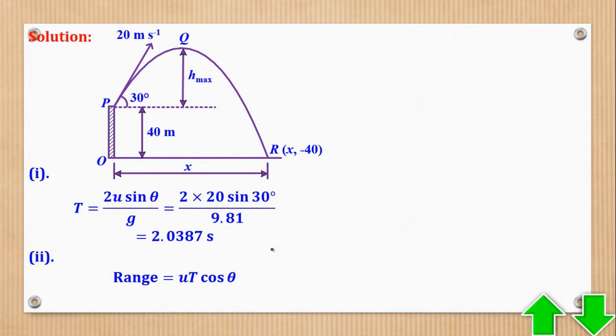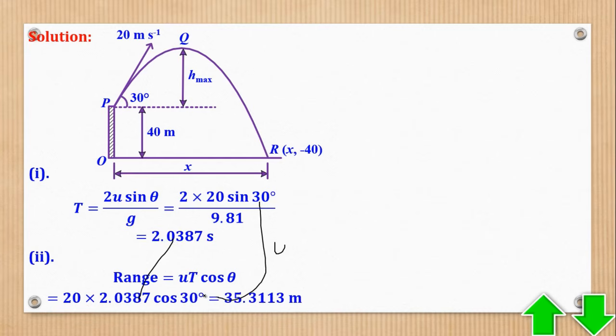Still, we can use the previous formula we used, u squared sine 2 theta over g, but here I've chosen to use this since I already know the time of flight. So time of flight, theta, and u to come up with the range which they wanted. So this range is the distance from here up to here, horizontal distance through the point of projection.